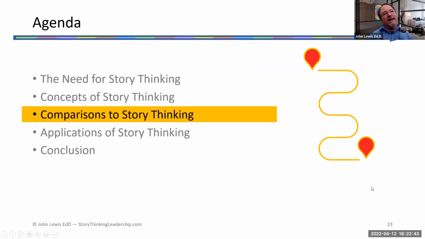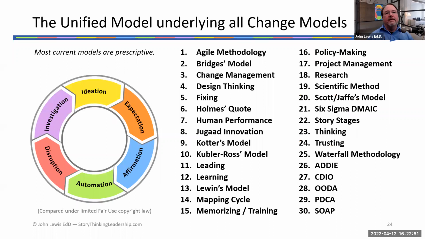Let's look at some comparisons of other models, other change models, to the idea of story as a change model. This is actually in the appendix of the book, and there's more than 30 now. This list continues to grow as people ask me about one or another models that they're interested in. If you have a chance, go ahead and chat now.